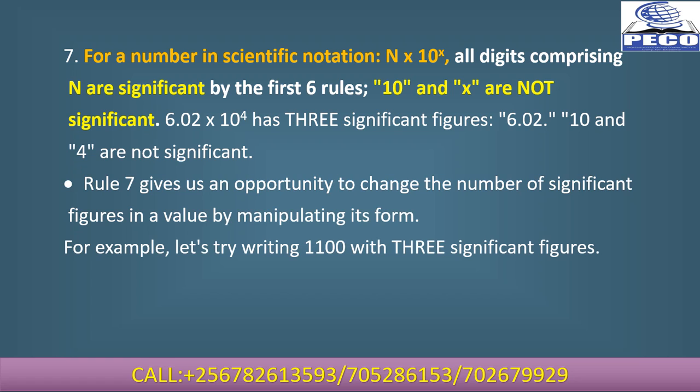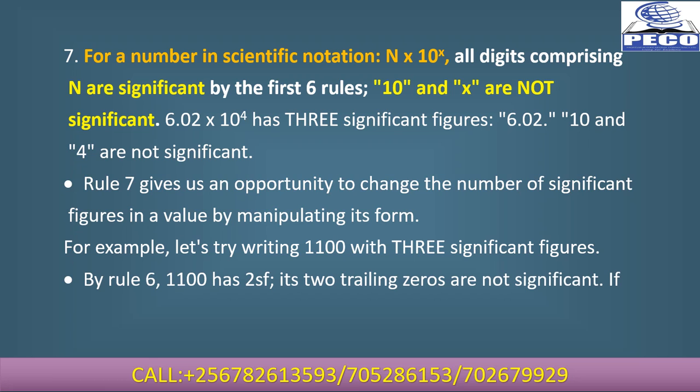You can write it in scientific notation and you change the number of significant figures. For example, let's try writing 1100 with 3 significant figures. Of course, from the rules above, this value here has 2 significant figures, only 1 and 1. But we want to change it to 3 significant figures. Okay, 3 significant figures.